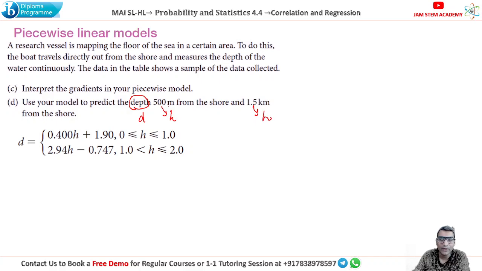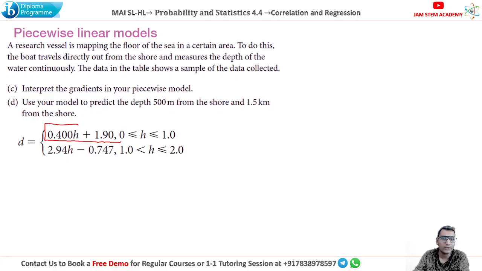If h is 500 meters, that is 0.5, so I have to use this part to get the corresponding d value. And for 1.5 kilometers, which is more than 1, this h value will go in this part. So put h as 0.5 here.